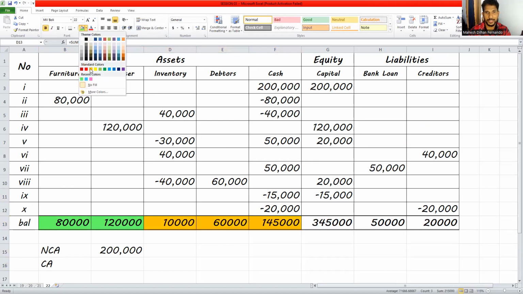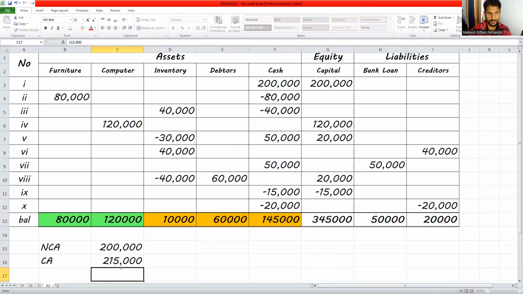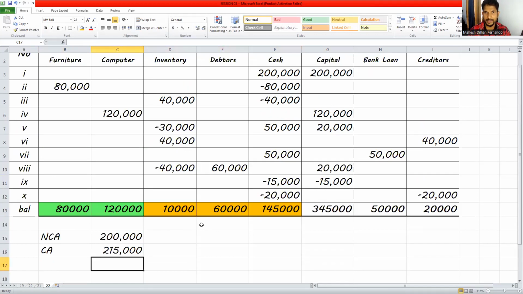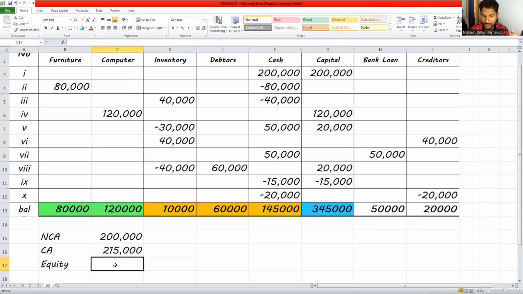It is 215,000 in current assets. Then the next question is to recognize the equity. Here we have been given the equity, that is 345,000.